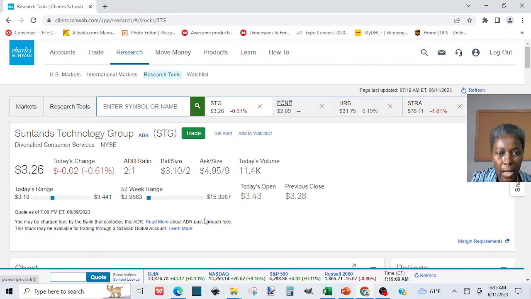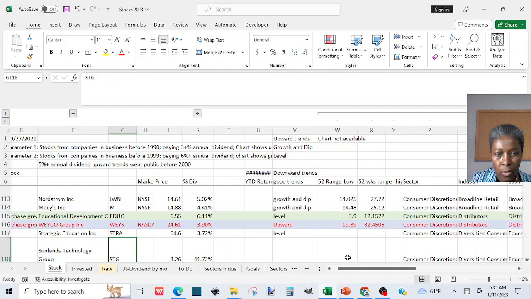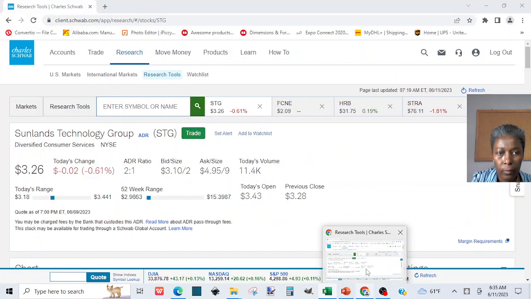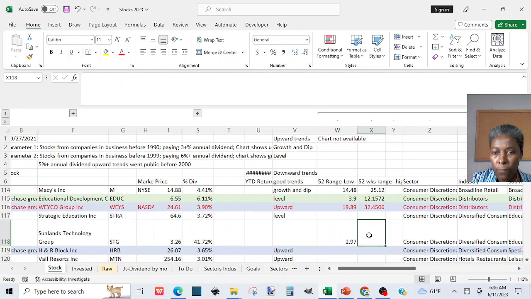$2.97. So we are going to go here, 2.97, and we have 15.30, 15.40 for 52 weeks low and high, and it's selling for $3.26 now.